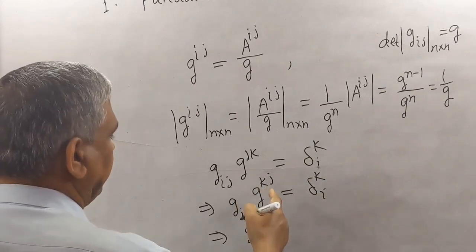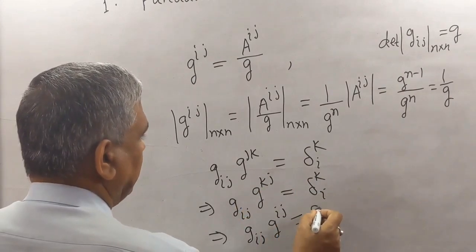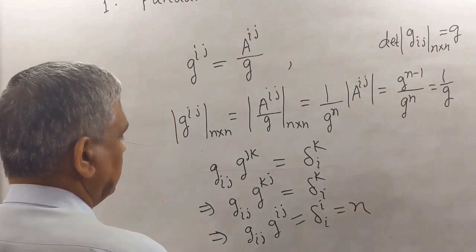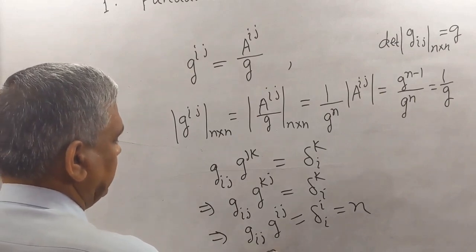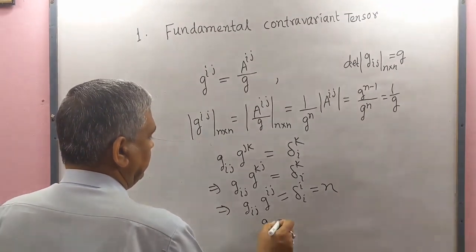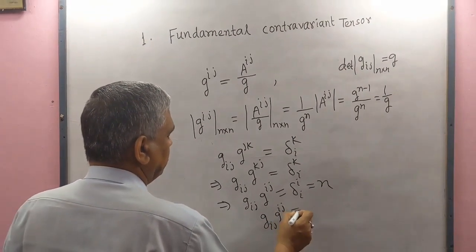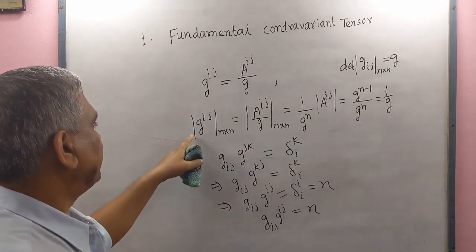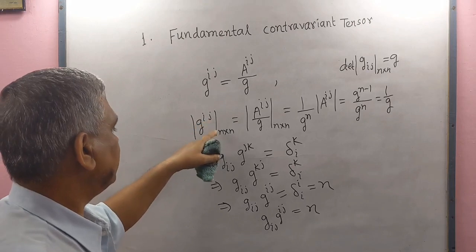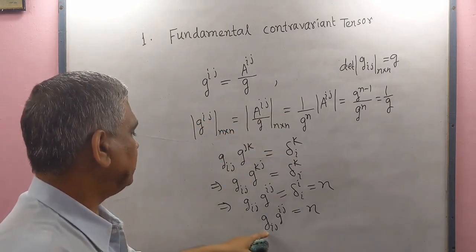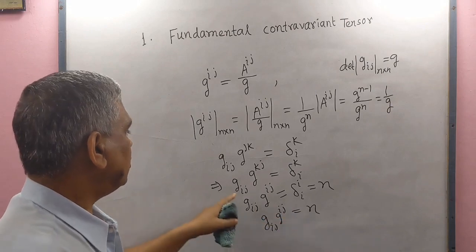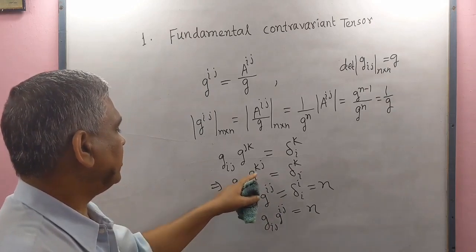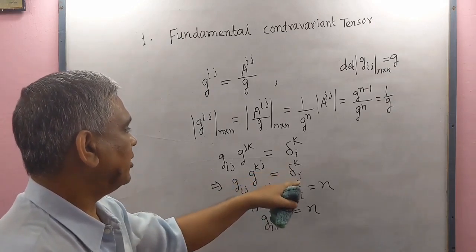If we take k equal to i, then this will be delta ii, and this is equal to n. So Gij Gij equal to n. These are the properties. Number 1, determinant of contravariant Gij equal to 1 by G, and Gij Gij equal to n. Also this will be used in later cases. This Gij and this contravariant Gjk equal to delta ik.